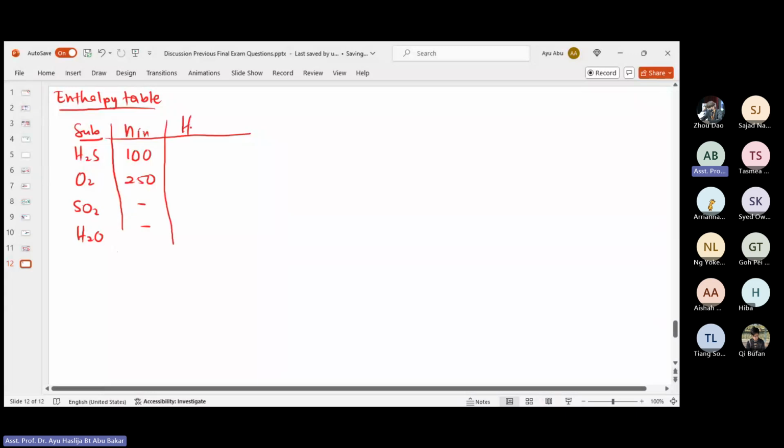So enthalpy in, at reference, so that's why here is 0, because at reference, T equals 25 °C.